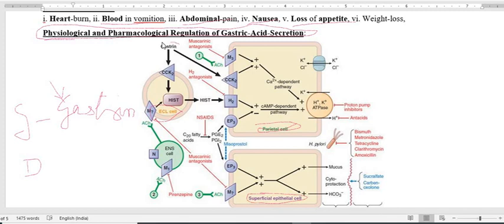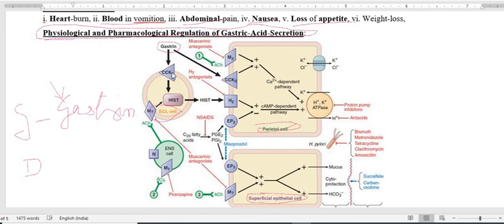This gastrin hormone released by the G cell acts on the receptor present on the enterochromaffin-like cell and therefore indirectly participates in acid production.